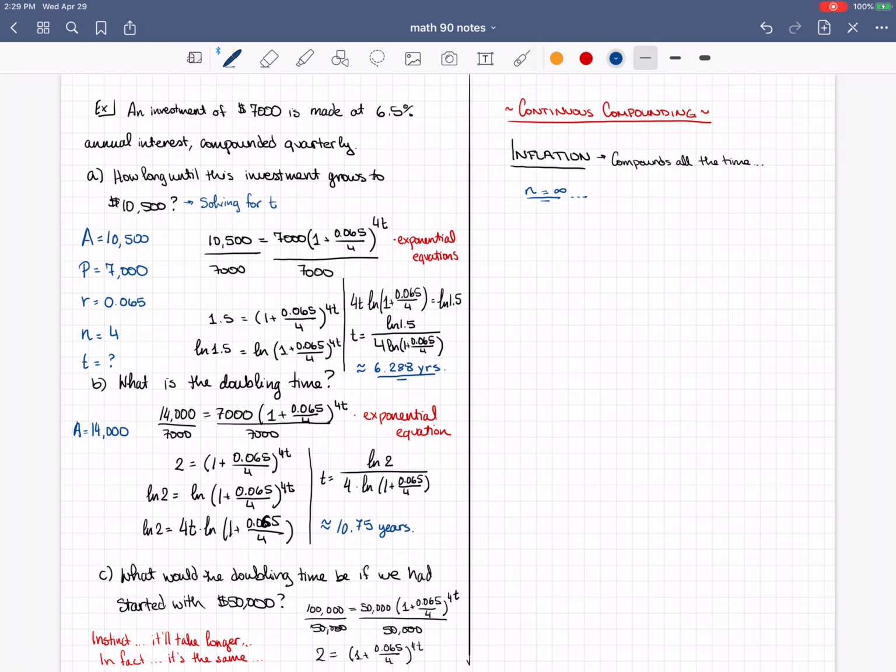So what we're going to do is ask: what does 1 plus r over n to the power nt become as n goes to infinity? We're going to answer this question, but I'm going to start by looking at a simplified version. We're going to make a table.